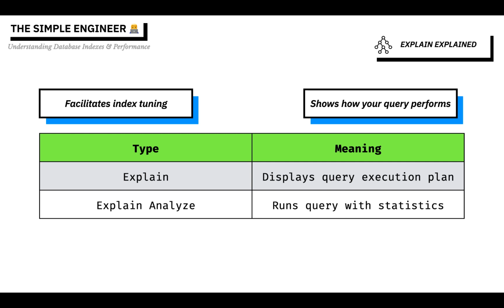And explain analyze is going to actually run that query against your database and provide you some more realistic statistics around that query. You want to be careful with explain analyze, because if you are running a drop statement, for example, it will physically drop all of your data, and you want to be cognizant of that sort of operation when you're doing these sort of performance tunes.